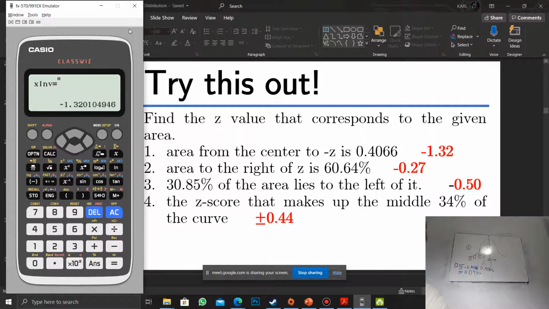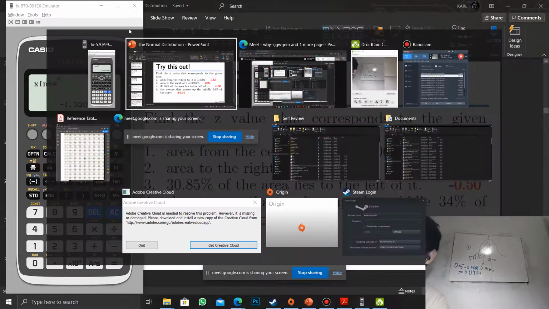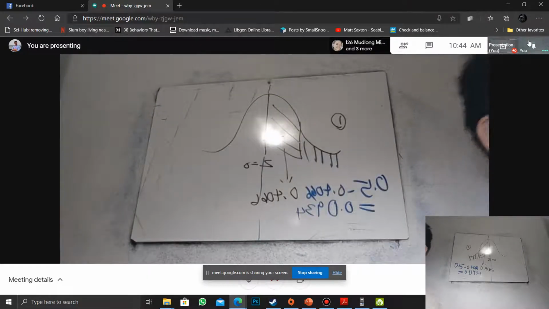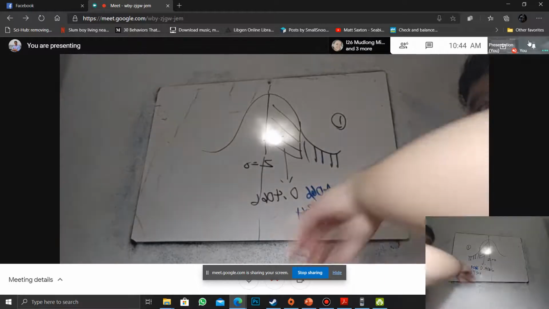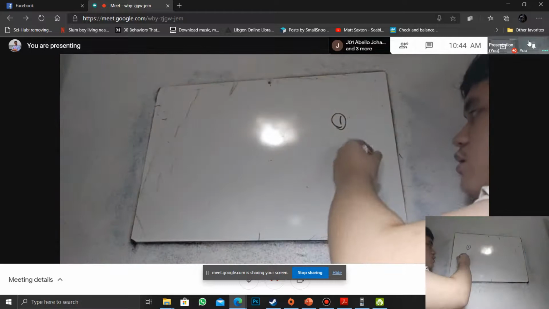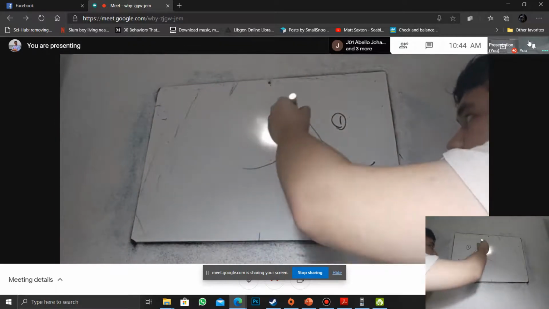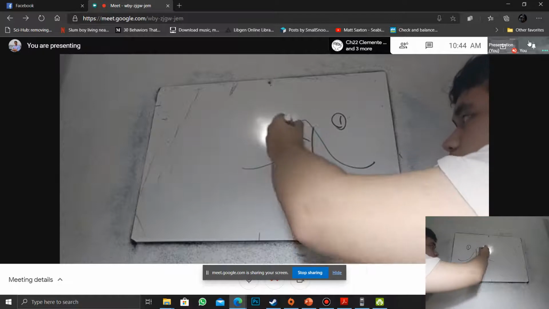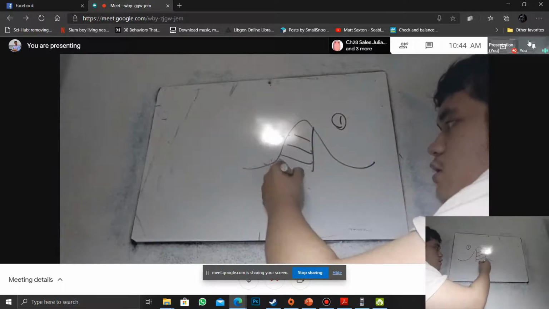Okay? Number 2. Area to the right of z is 60.64. Sabihin natin dito, 60.64.